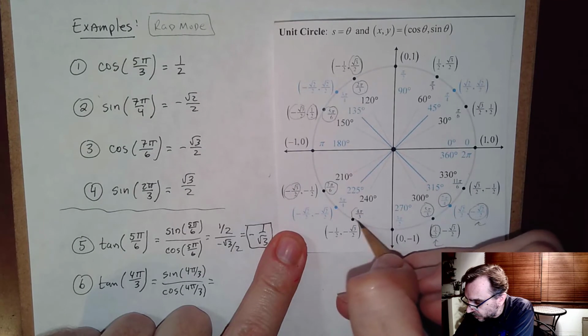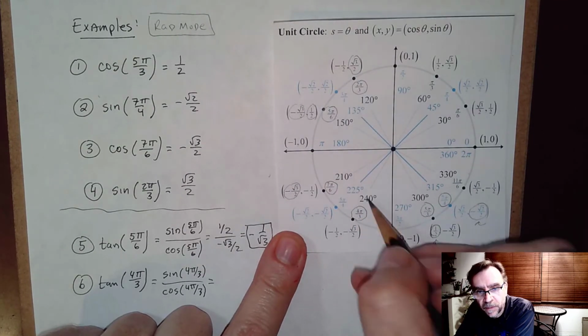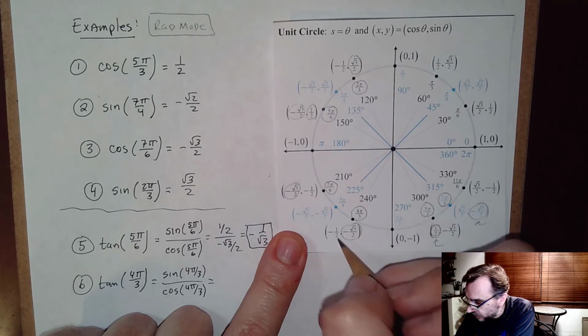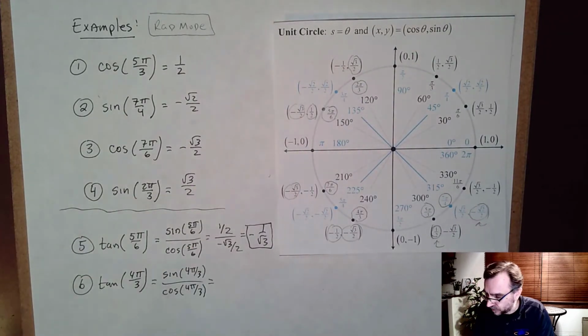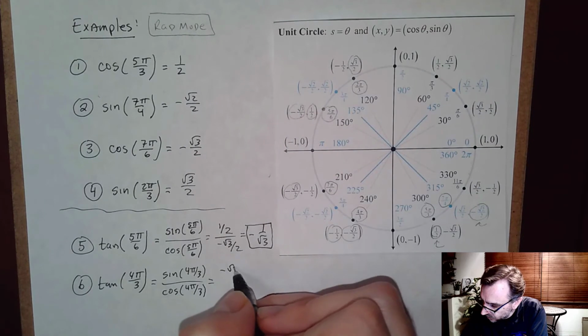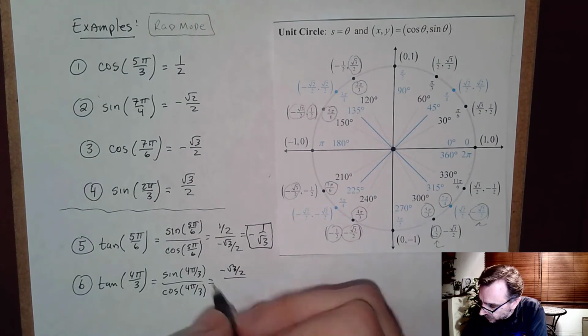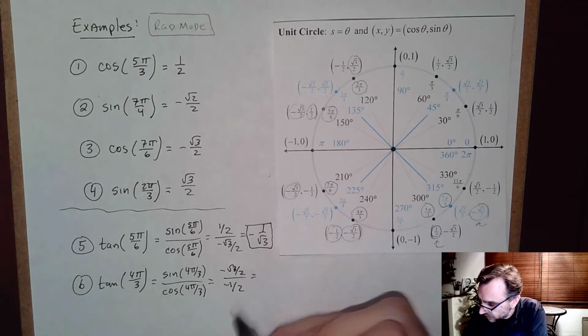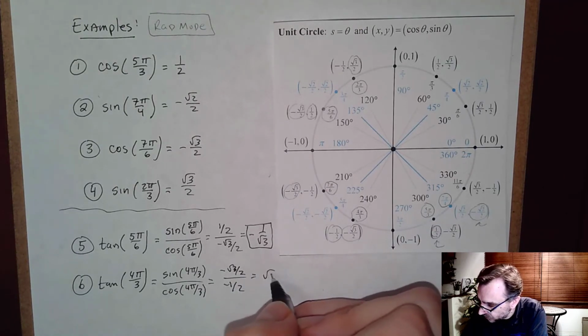And there it is. 4 pi over 3 lands in Q3. It's equivalent to 240 degrees. And so the sine is negative root 3 over 2, and the cosine is negative 1/2. So we have negative root 3 over 2 over negative 1/2. And often you can do that mentally. The 1/2s cancel, the negatives cancel, and I get root 3.